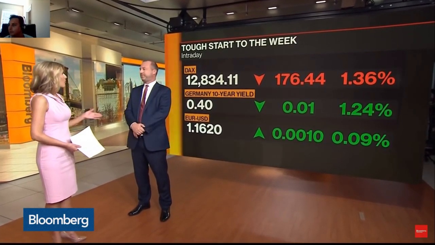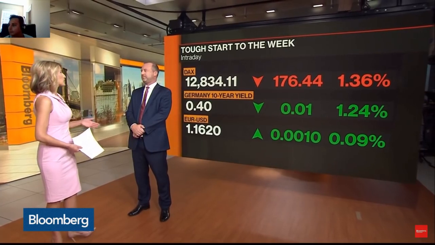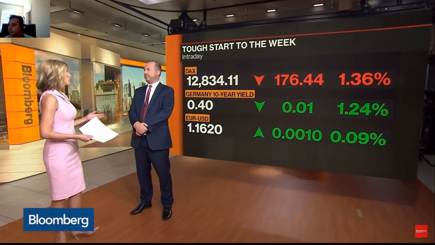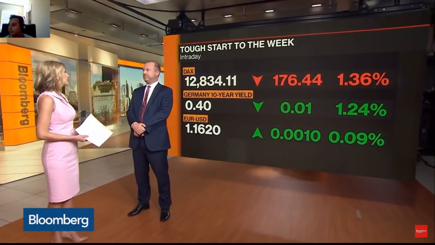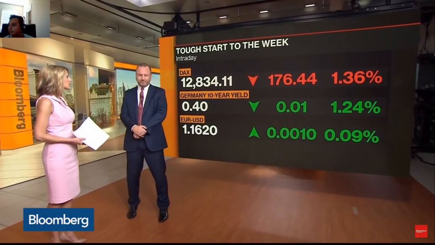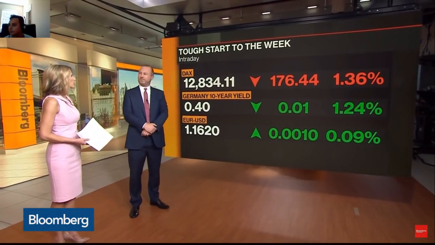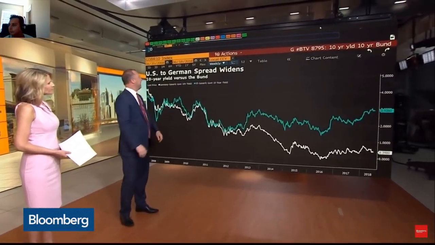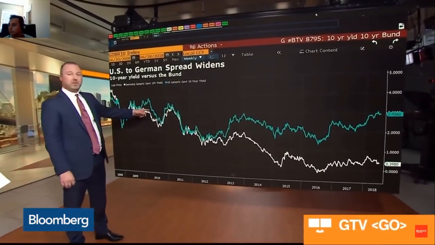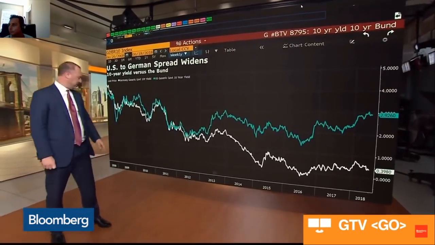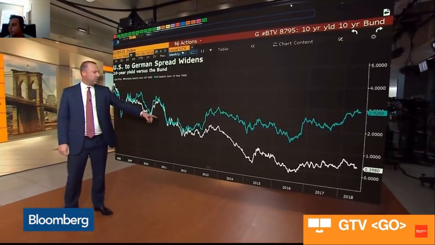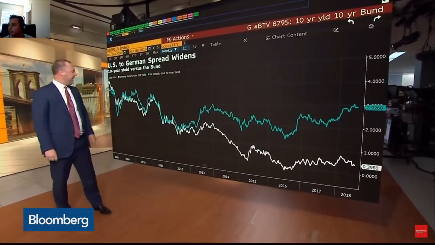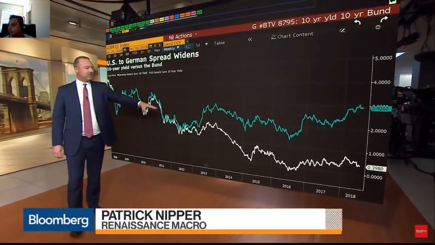Well, speaking of widening, we have a great chart here that shows a huge spread widening between the U.S. 10-year yield and the Bund. Let's take a look at this chart in the Bloomberg, and you can talk to us about what it means here. Sure. In the blue line, we have the U.S. 10-year yield, and this goes back to 2008, and the white line is the German Bund. They paralleled pretty closely for quite some time.